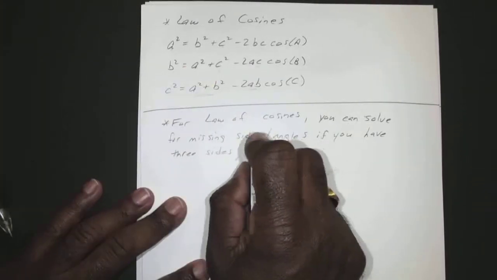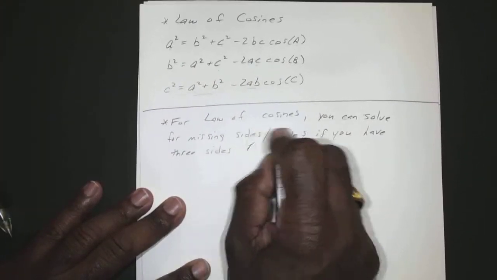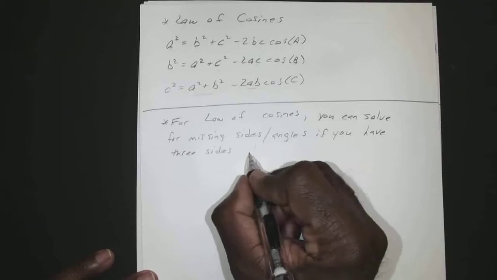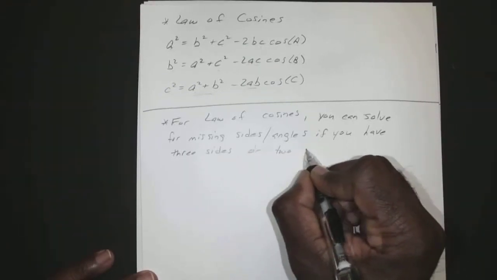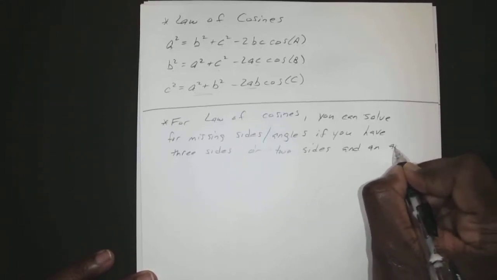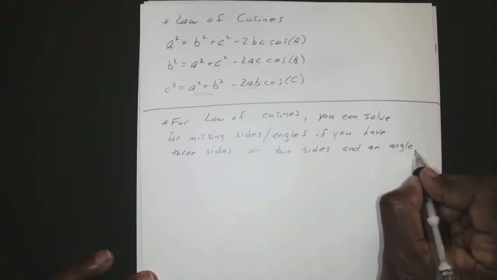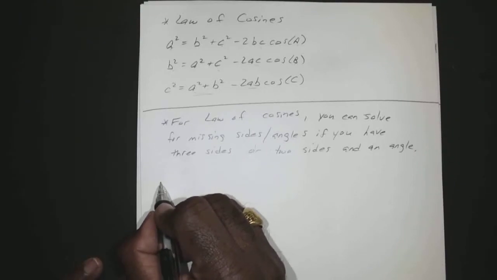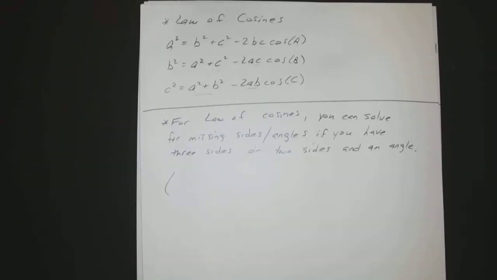Or two sides and an angle. Okay, if you remember the law of sines, you had to have at least two sides and an opposite angle, or two angles and an opposite side. So you couldn't have just all three sides. With law of cosines, you can have all three sides and solve for everything. So it's a little bit different.